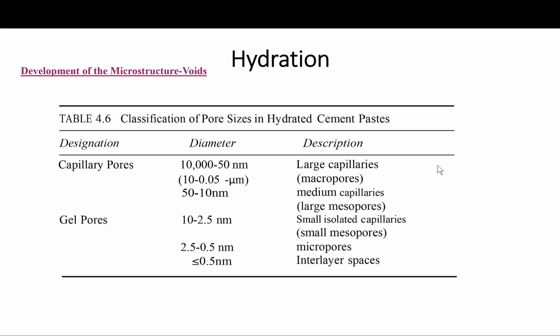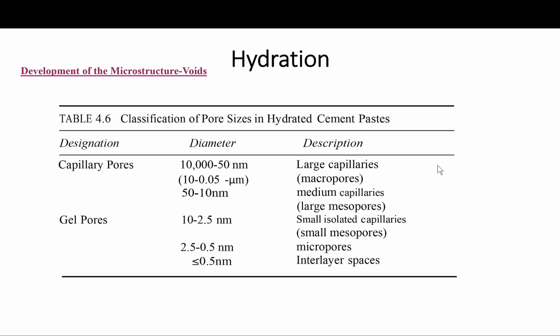So it should be noted that the gel pores include small capillary pores. If we use the more accurate definition, remember this, a capillary pore is one in which capillarity effects can occur. That means a meniscus can form.